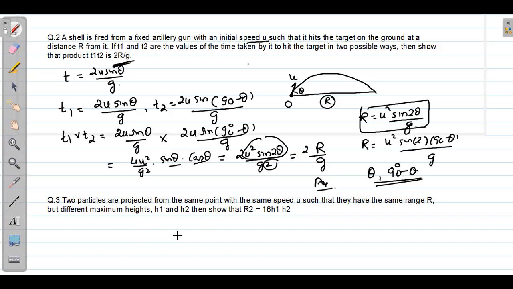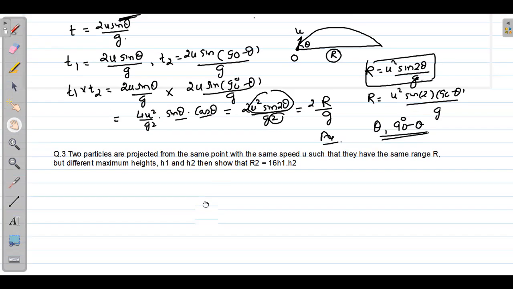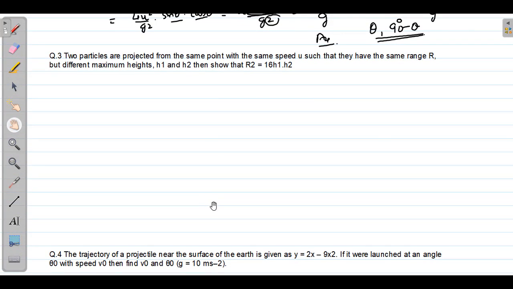Okay, now we move to question number 3. Two particles are projected from the same point with the same speed u such that they have the same range. As we have already done, if an object is projected with initial velocity u, range is u square sine 2 theta by g.